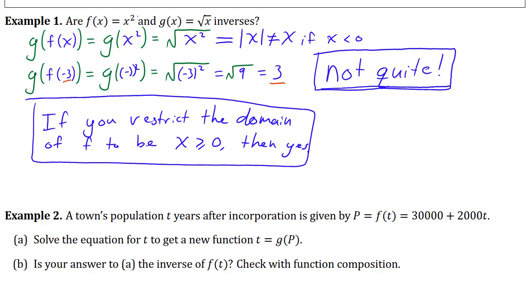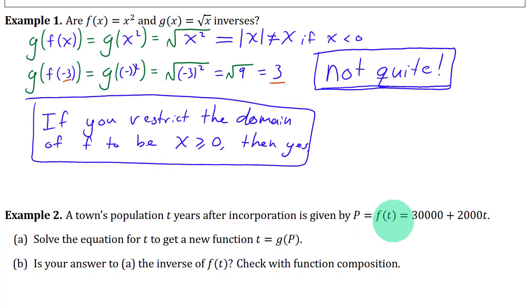So anyways, let's look at this example. We have a town's population t years after incorporation given by this formula. P is f of t equals 30,000 plus 2,000 times t. Let's solve this equation for t to get a new function, t equals g of p. So what I want to do is get t by itself.